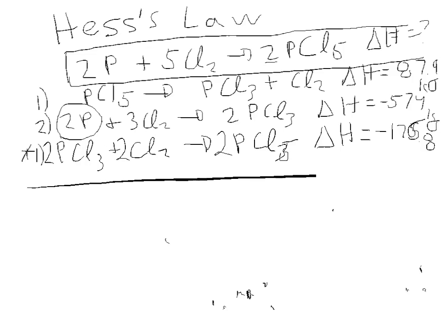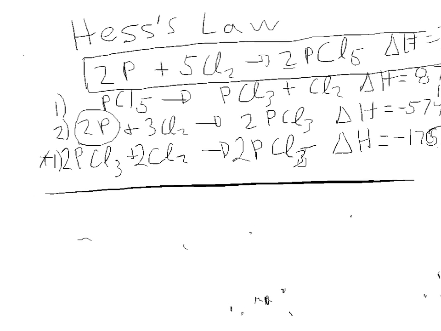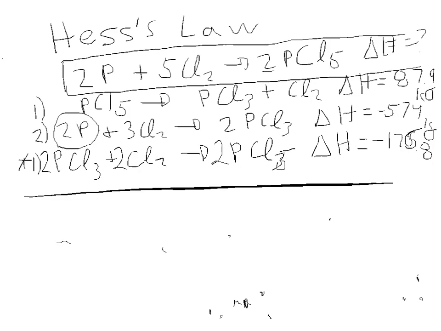I will now take equation number 2 and equation number 1, and I'm going to add those two equations up to see if I get my target equation. Well, I see that I have 2 P's on the reactant side in equation number 2. That's exactly what I wanted. So the 2 P's don't move anywhere.